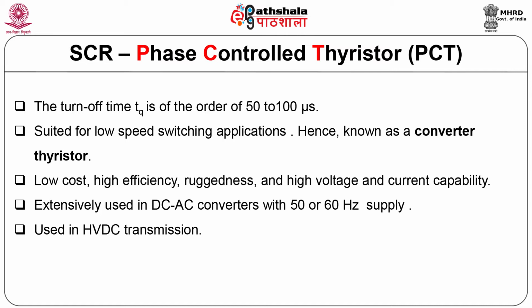It has low cost, high efficiency, rugged and high voltage and current capability. These are extensively used in AC to DC converters, mainly for 50 to 60 Hz supply. These are also used in high voltage transmissions.